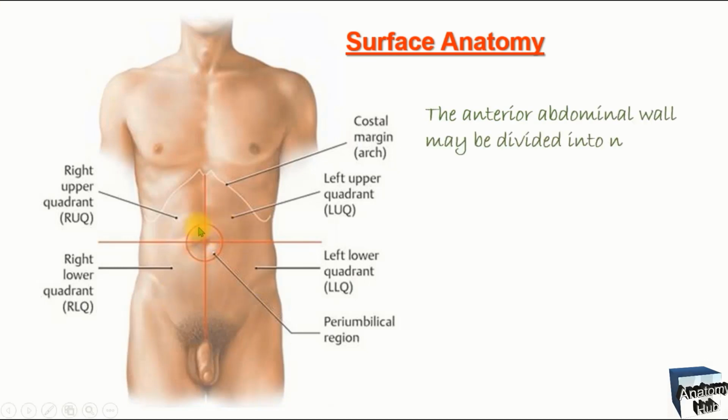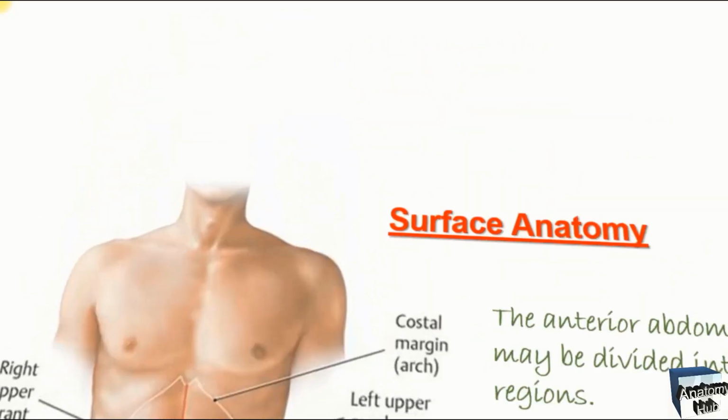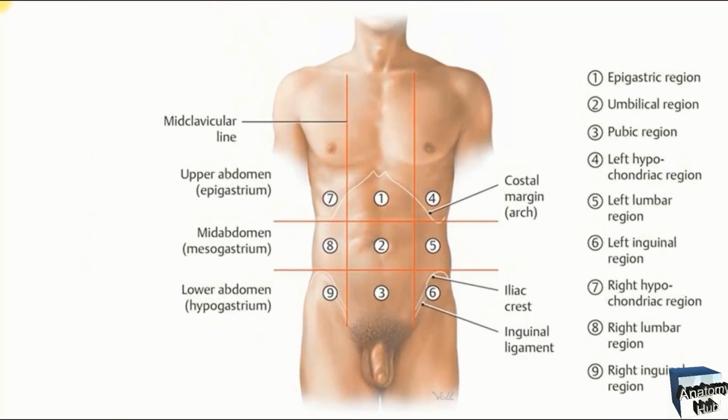And this anterior abdominal wall may be divided into 9 regions also by the transpyloric plane and the tubercular plane. Here you can see the transpyloric plane, that is actually the plane measured halfway between the jugular notch that you'll find over here and the pubic crest.